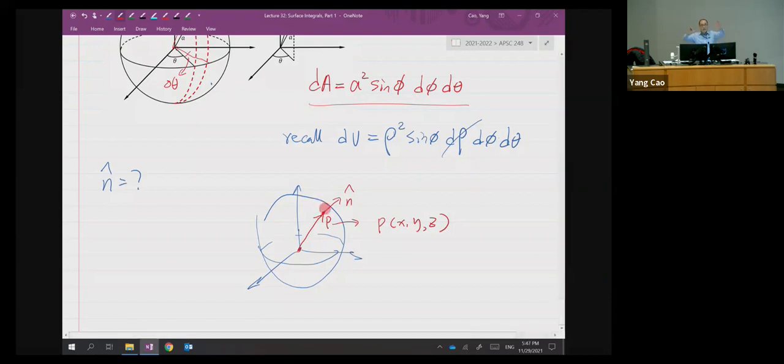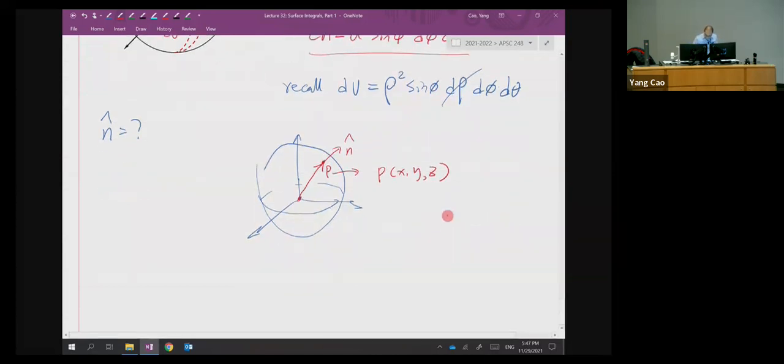It's like you have radial lines from the origin going all the way out, and then you have a sphere at a certain distance from the origin. So the radial line is guaranteed to be perpendicular to your surface.